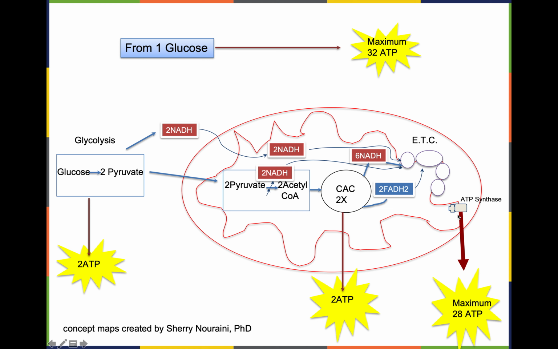And during oxidative phosphorylation, we get a maximum of 28 ATP. Altogether that is a maximum of 32. Now, you may see some videos out there or some other textbook that gives you a higher number than 32. Just ignore them. What you need to do for this course is stick with these numbers, and you'll be fine.